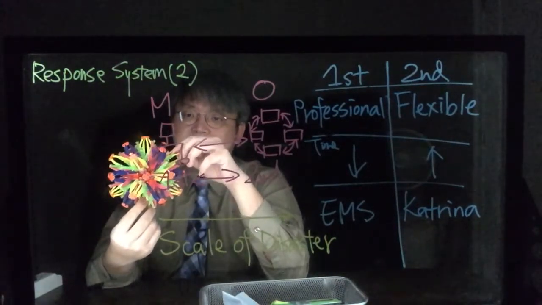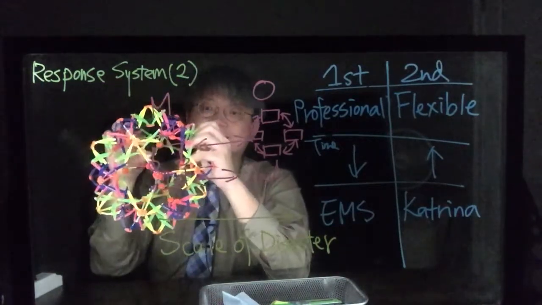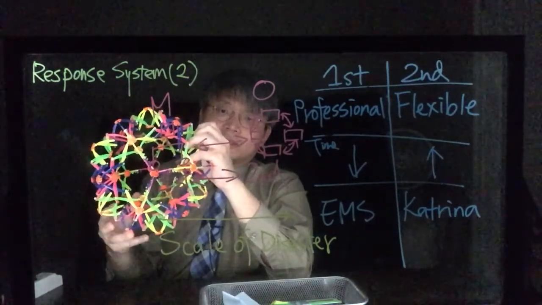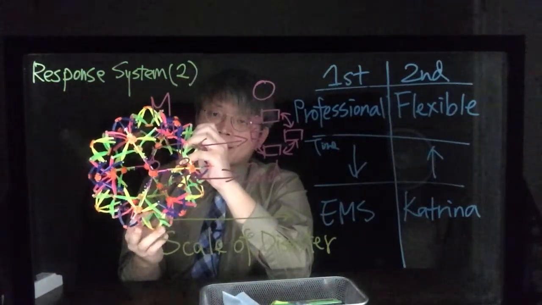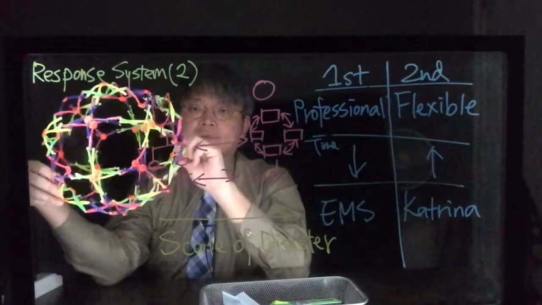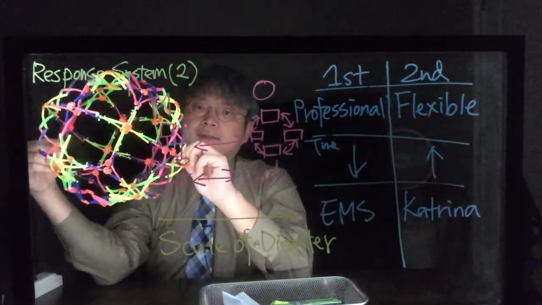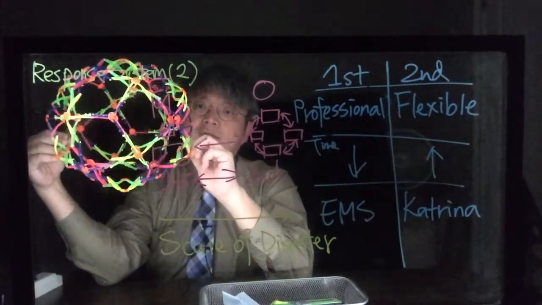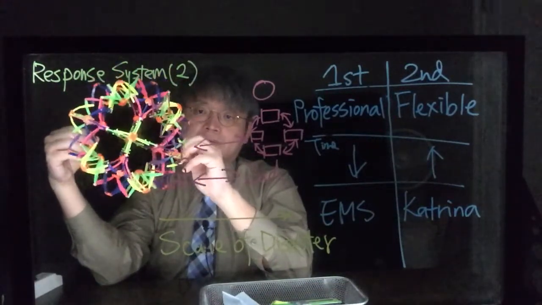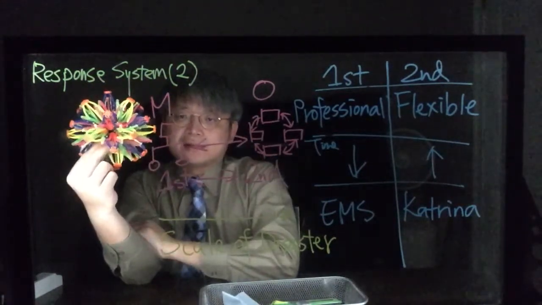So once the disaster gets bigger and bigger, you need to create more space for other organizations or non-traditional first responders to join your response system. Once you become very big, you need to have enough space for everyone to participate in the disaster response activities. After you can control the disaster, you need to become smaller and smaller, then come back to this status.